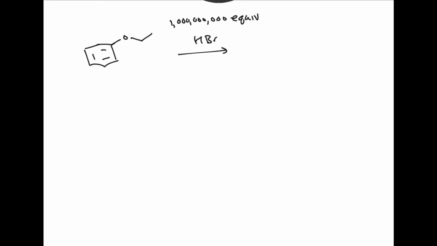Let's say you add 1 billion equivalents. Think of enough zeros there. Yeah. Right? Hopefully we've all seen Austin Powers. Okay, good. Doesn't matter. The oxygen still stays on the aromatic ring. Can't take the oxygen off.